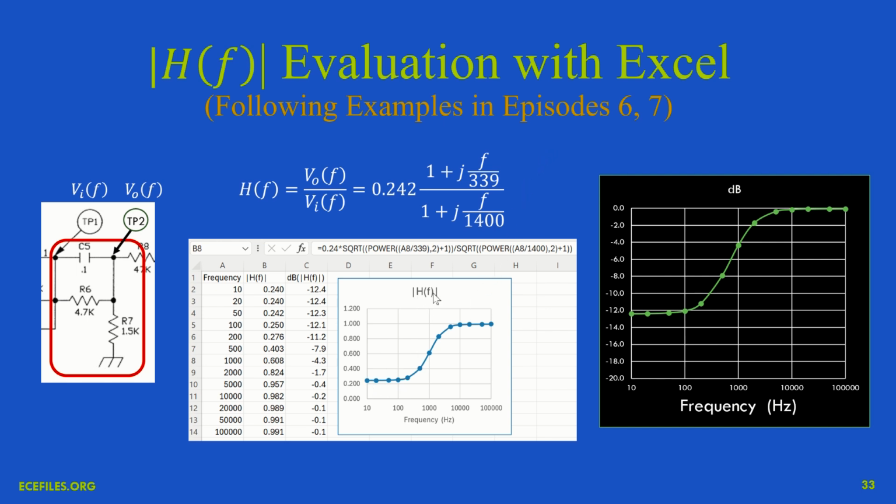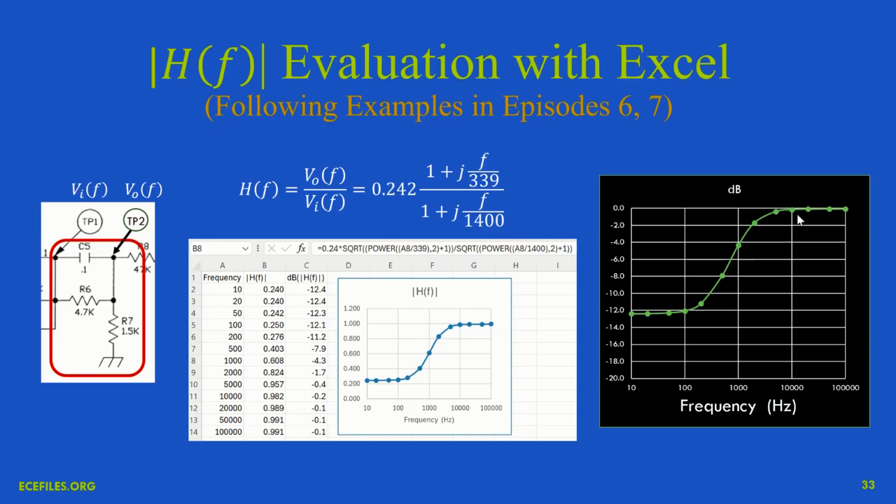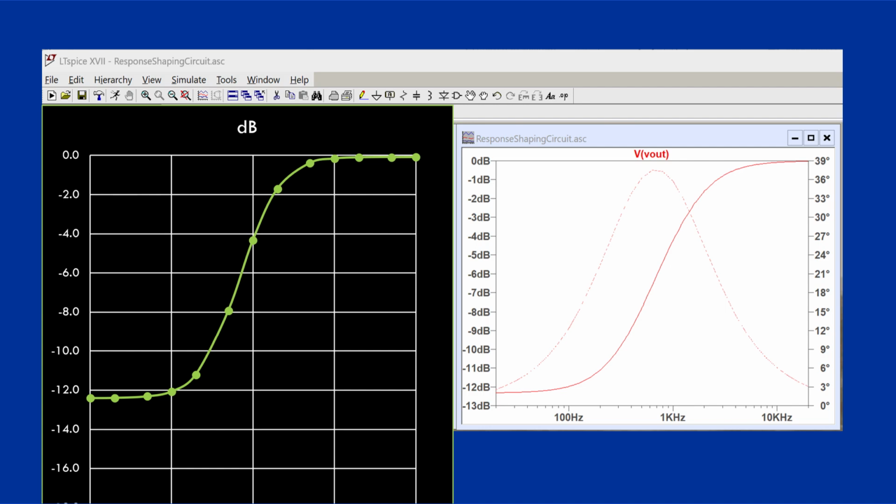This is the magnitude of H(f). I encoded this equation after taking magnitude. You can see the expression up here for one of the cells. And I got this curve. Then I asked Excel to change it to dB, and it gave me this. This should match the simulation that I did earlier.